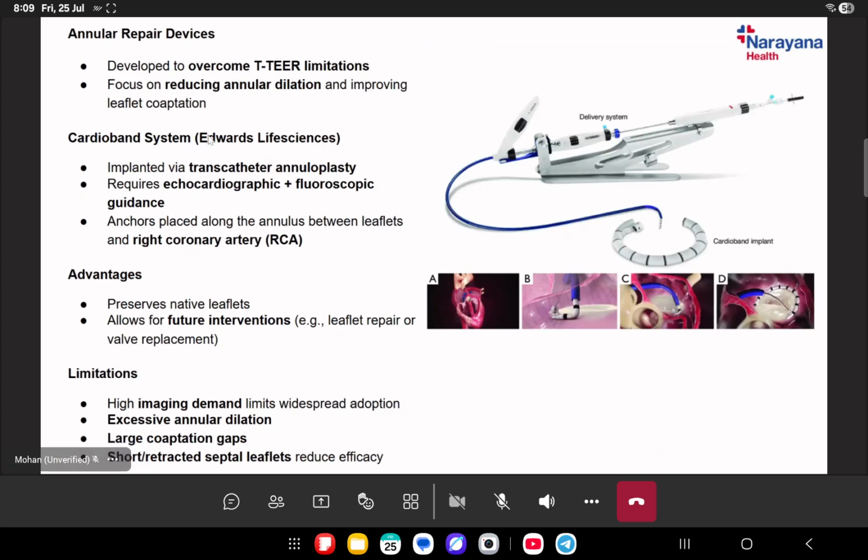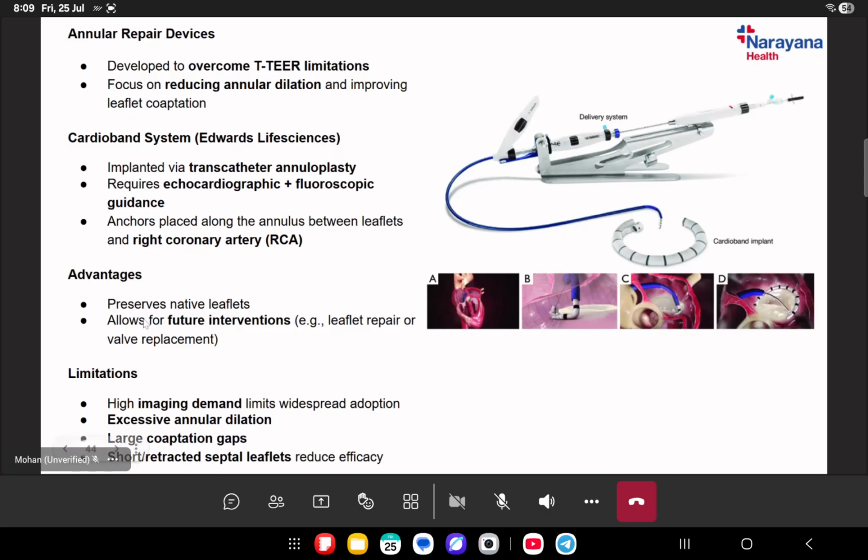Next are annular repair devices, developed to overcome TEER limitations, focusing on reducing annular dilatation and improving leaflet coaptation. The one available is the Cardioband system from Edwards, implanted via transcatheter annuloplasty. It requires echocardiography plus fluoroscopic guidance, with anchors placed along the annulus between the leaflets and the right coronary artery.